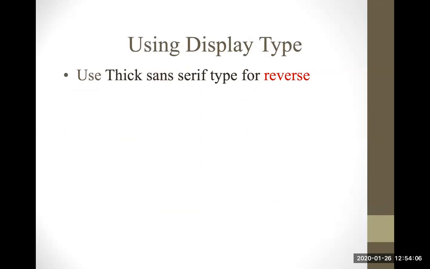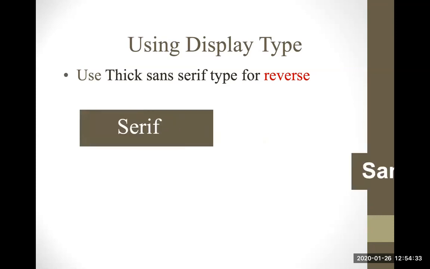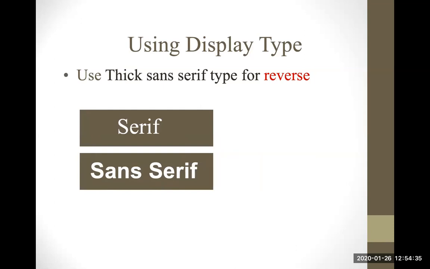When you're using reverse font, and just to step back for a minute and explain what you most likely do already understand, reverse font is simply when you have a light colored typeface set against a dark background. So if you want a black background with white font, for example, that's the most graphic, you will use a thick sans serif font.